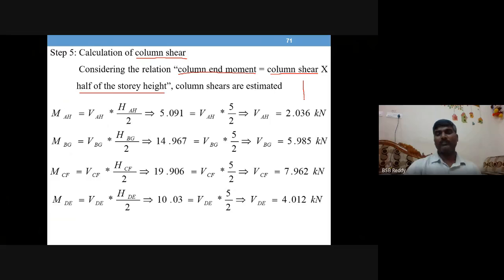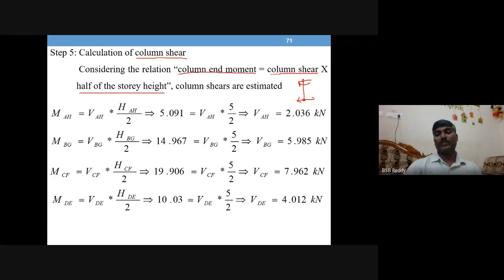This is half of the column, where at the middle you have the imaginary hinge. There you find the column shear to act. This is the column shear value. Here is the location where you have already calculated the column end moment.